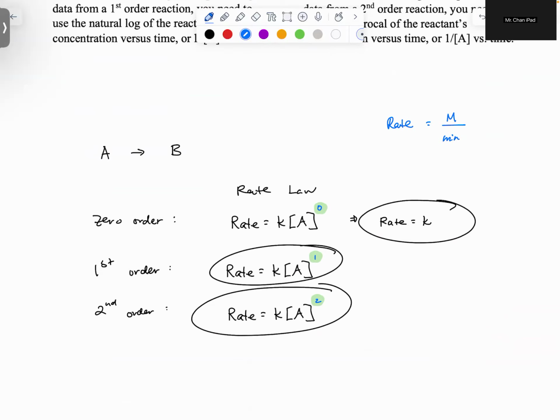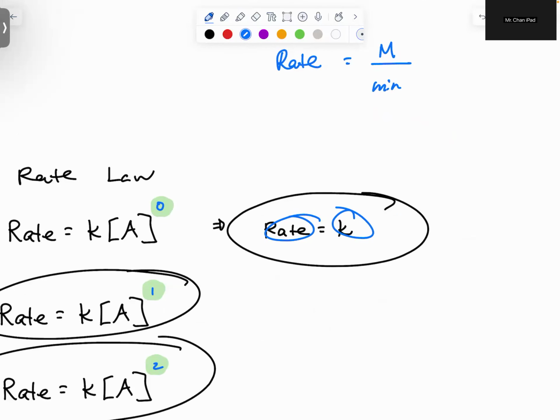So the unit of K is not always the same. But you know what's the same? It's an equation. If the left must have a unit of molarity per minute, the right hand side of the equation must have an overall unit of molarity per minute.